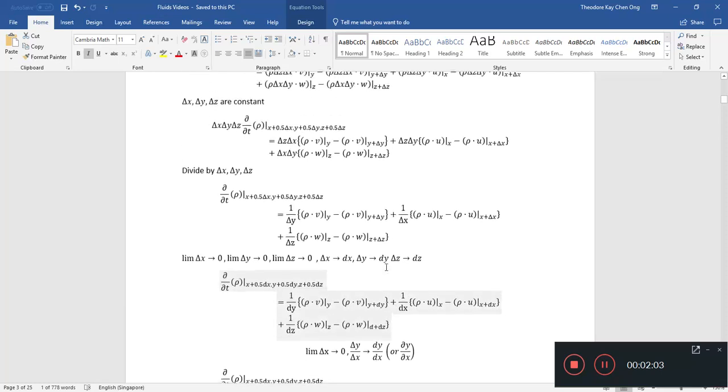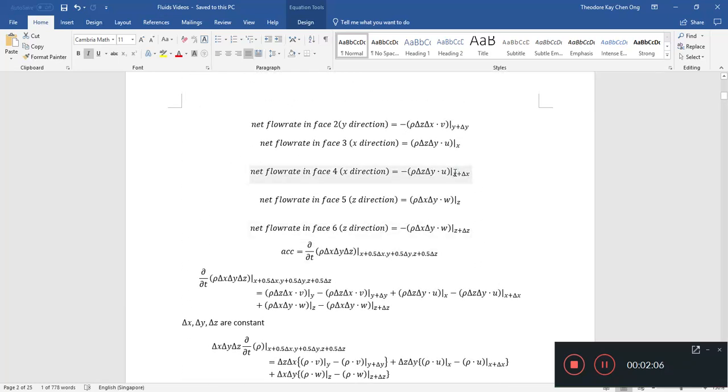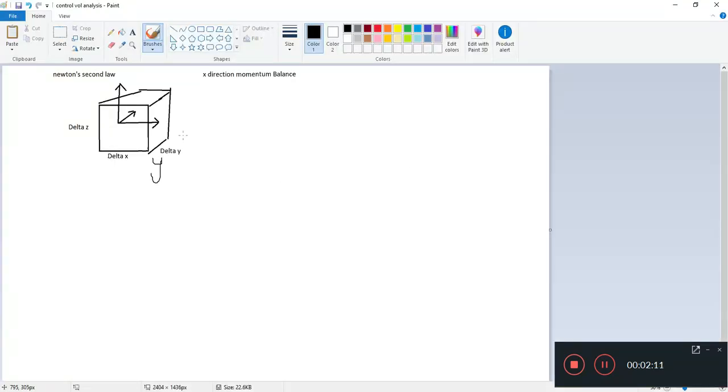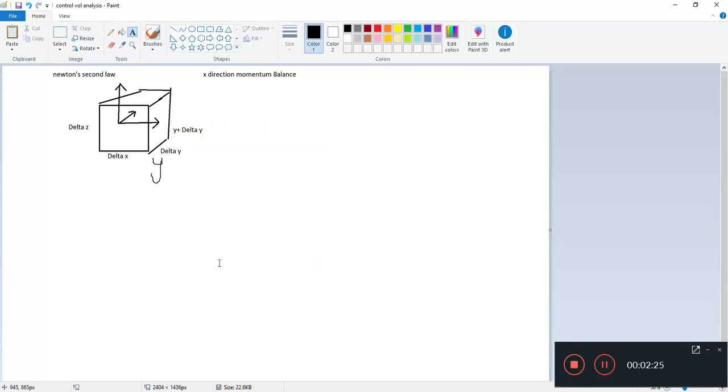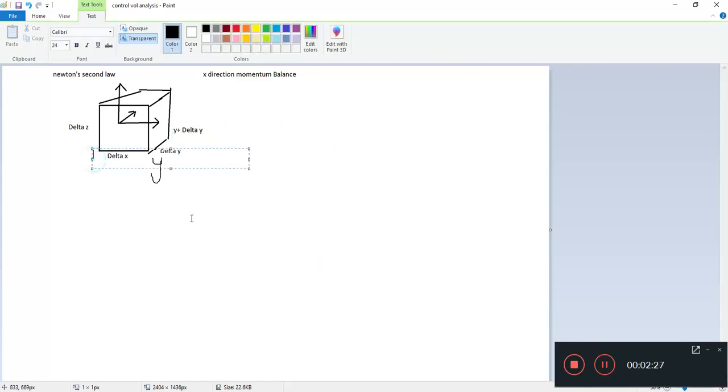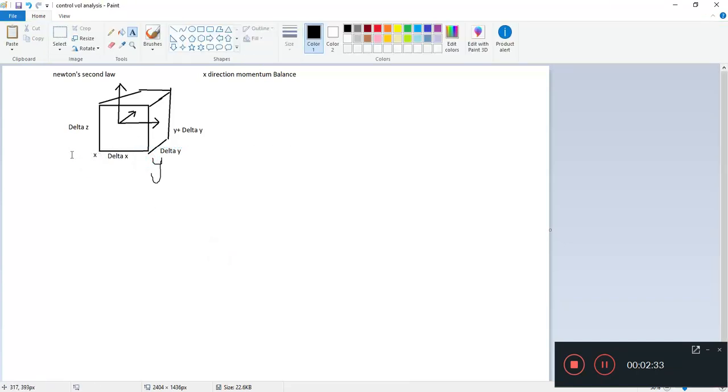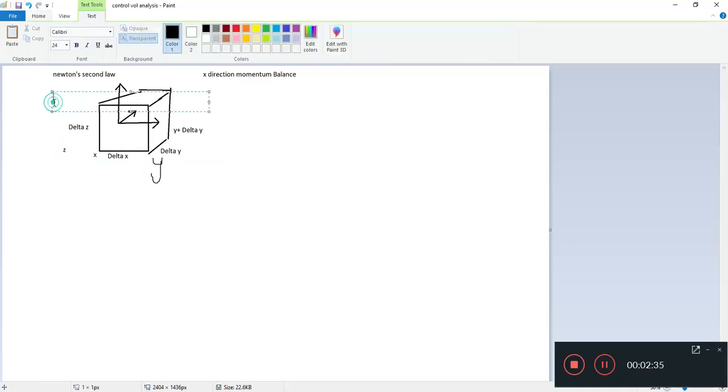And previously we named it x plus delta x, and we call that the same thing. So this is y, this is delta y, so this is y plus delta y. The same thing for the rest. So this is x here, and this is x plus delta x, and of course here is z, and this z coordinate is z plus delta z.